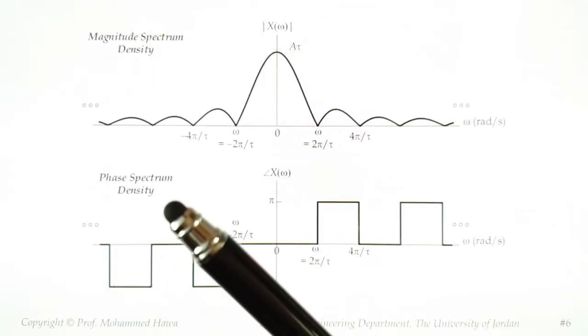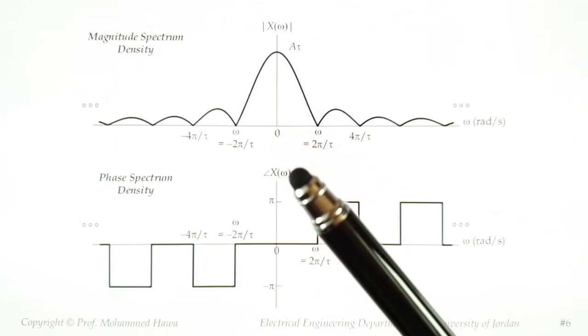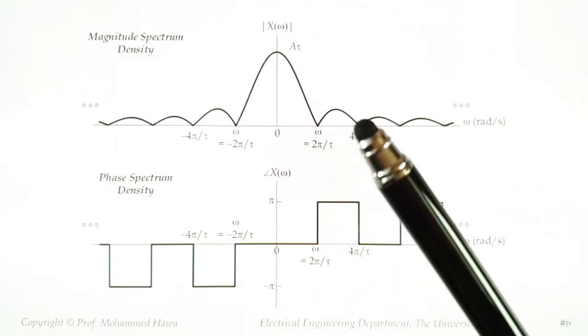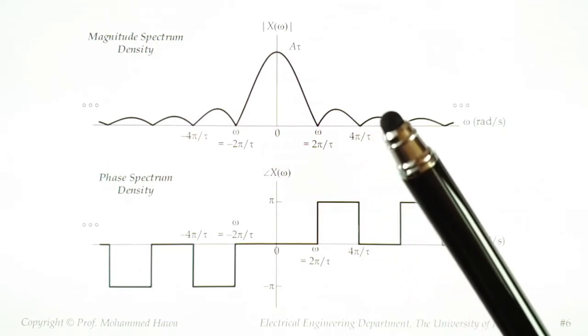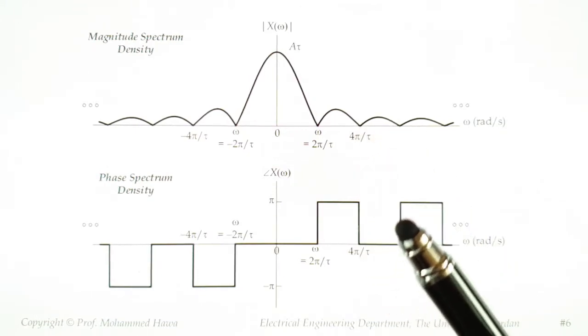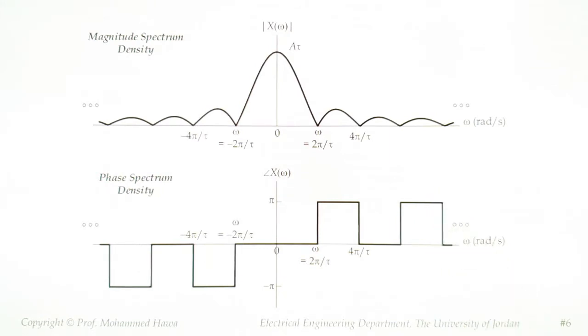For the phase spectrum density, the angle of x of omega, notice that when the sinc used to be negative, I have pi here for the phase, and when the sinc used to be positive, I got angle 0, and then pi, and then 0, and so on.